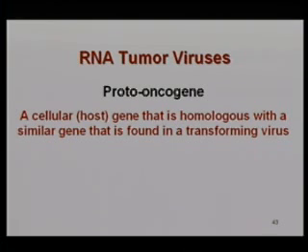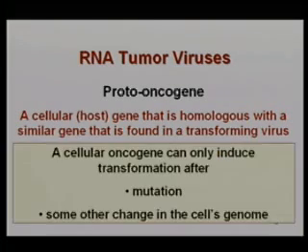So a proto-oncogene is simply a cellular host gene that is homologous with a similar gene in a transforming virus. And this cellular oncogene only induces tumors, presumably, after mutation or some other change in the genome.